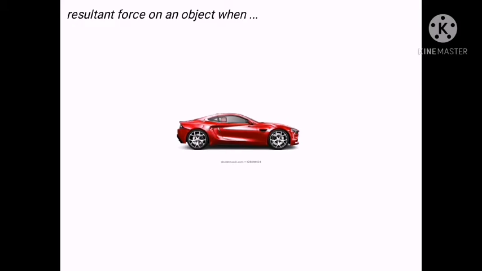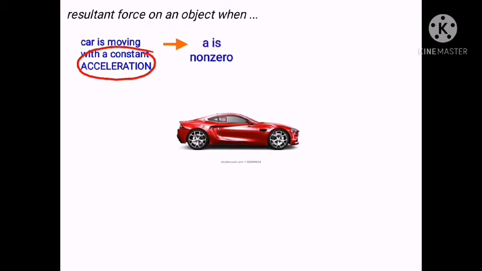Now let's look at the third example here. We are going to describe the resultant force on an object when the car is moving with a constant acceleration. Alright, there is an acceleration. So my acceleration is non-zero.